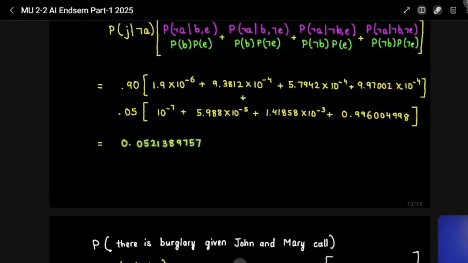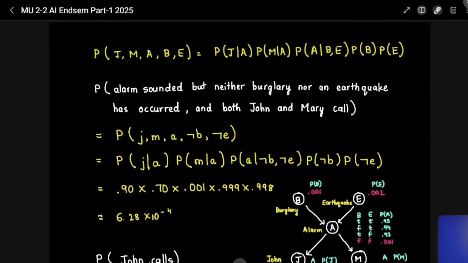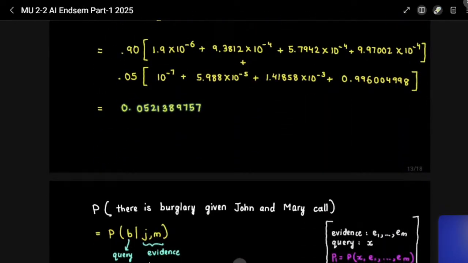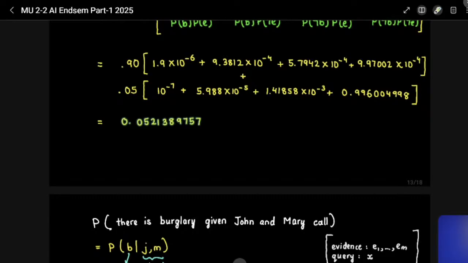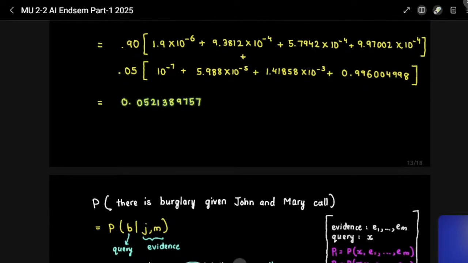It's like you're going in the reverse direction. Because now you're inquiring about burglary, and what we know for sure is John and Mary, both of them called. So you can write it this way. Given that John and Mary called, find the probability of burglary happening.